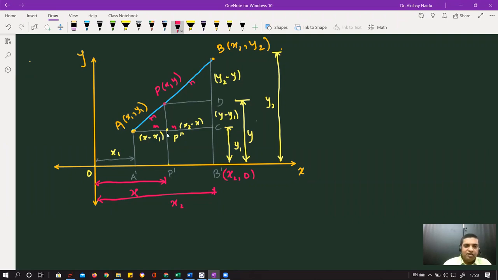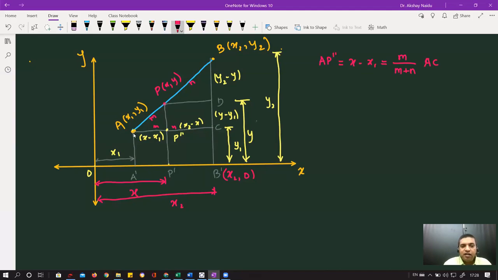If this is an m is to n division, then it becomes easy. Then we can write x minus x1 will be equal to, of the total distance, m by m plus n times AC. This is by ratio and proportion.